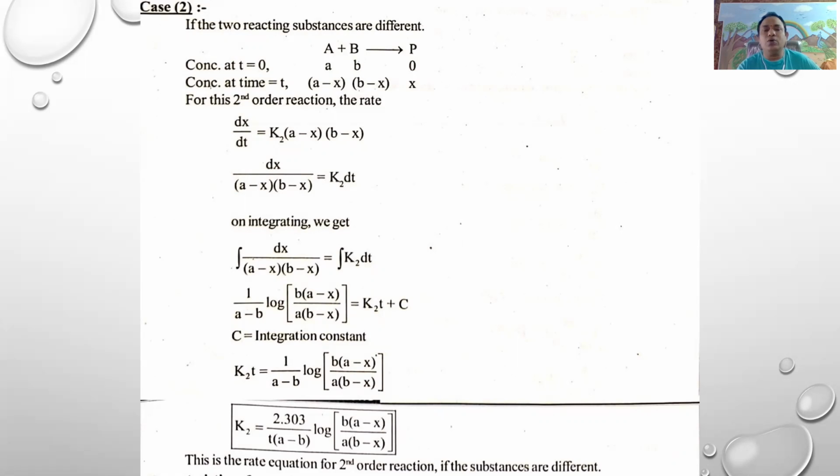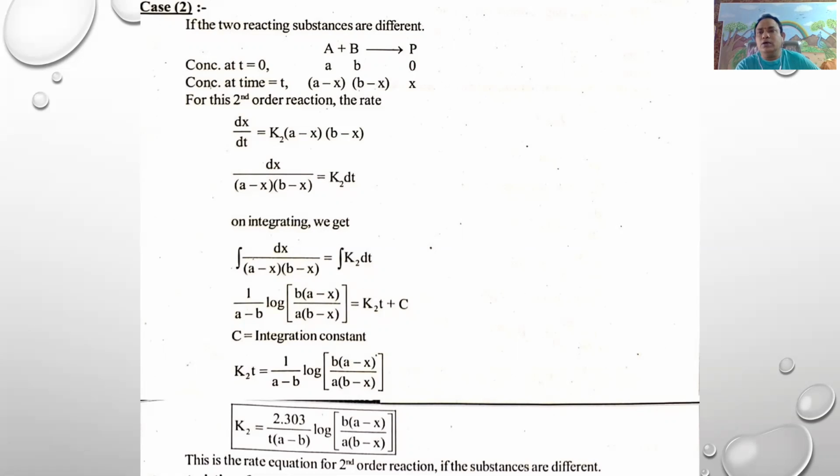That is, k2 equals 2.303 by t(a minus b) log of b(a minus x) by a(b minus x) is the second order rate constant equation in which two different reactants participate. But in the first case, where two similar reactants participate, the second order rate constant equation is k2 equals 1 by t into x by a(a minus x). These are the two different rate constant equations.